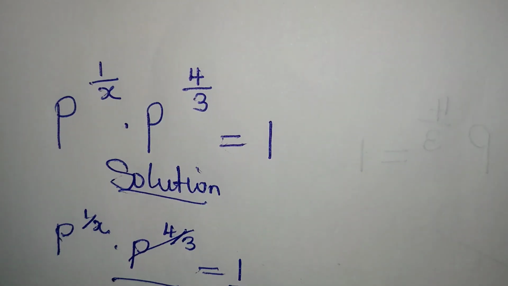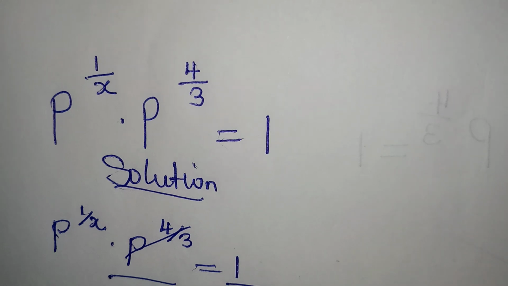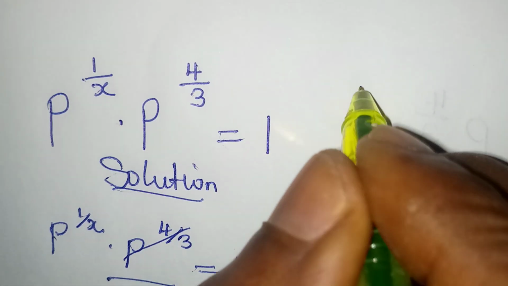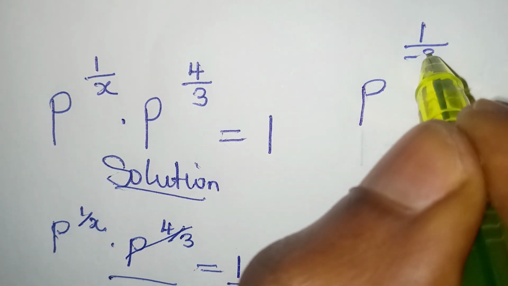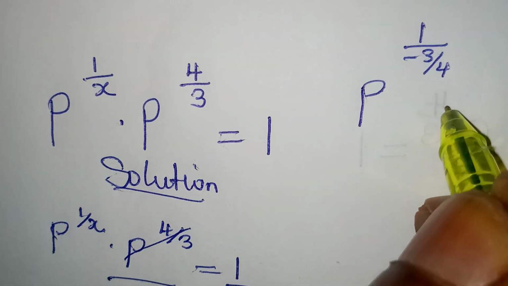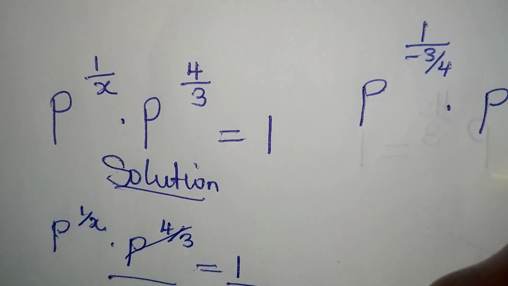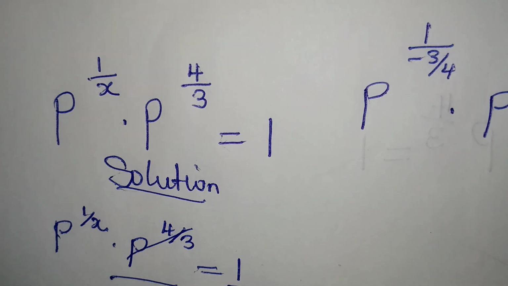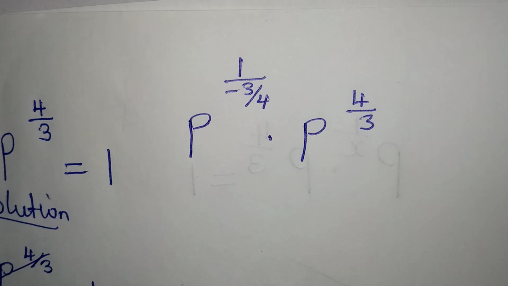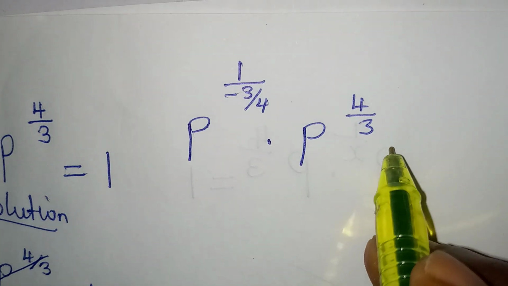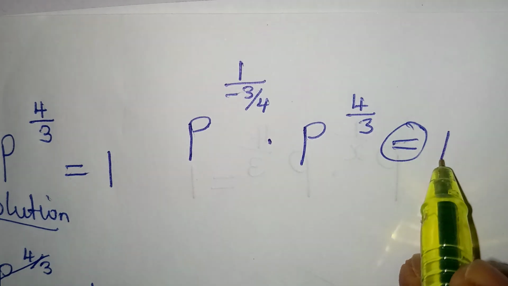Now our x is minus 3 over 4, so we'll have P to the power of 1 over minus 3 over 4, multiplied by P to the power of 3 over 4. What we want is to make sure that this gives us 1. Will this be equal to 1?